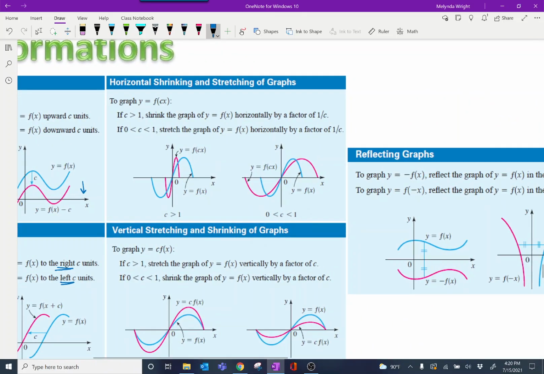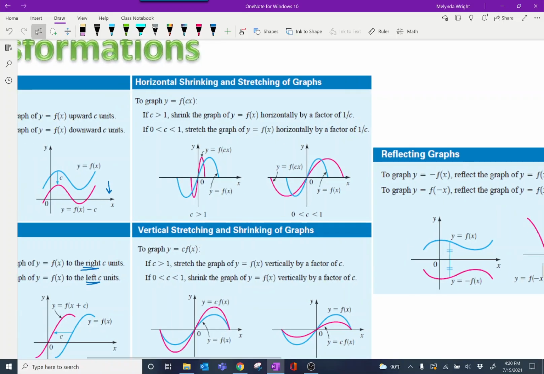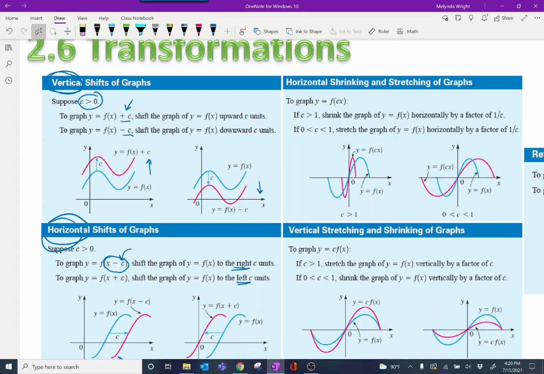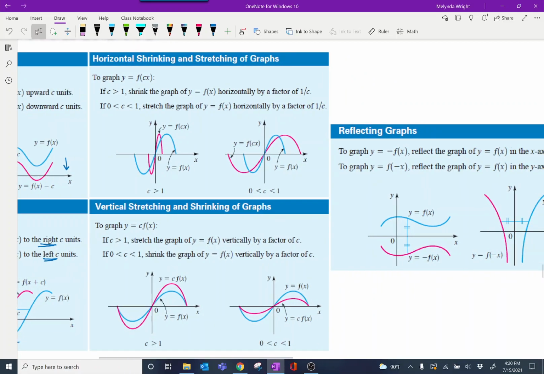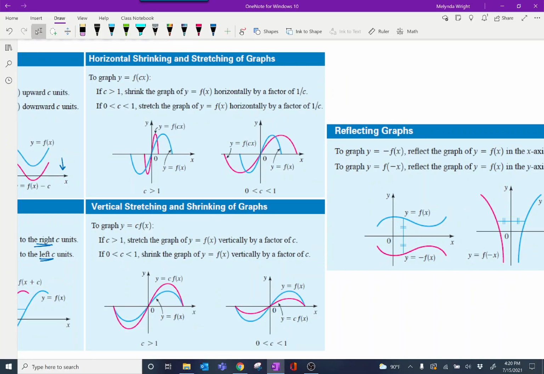So where we are shifting up or down or left or right, that's one main kind. Another main kind is the stretching and shrinking. Horizontal stretching and shrinking is also quite strange because the number is inside with the x, and I'll show you what that means in an example. If c is greater than 1, like in this example right here, it shrinks it by a factor of 1 over c.